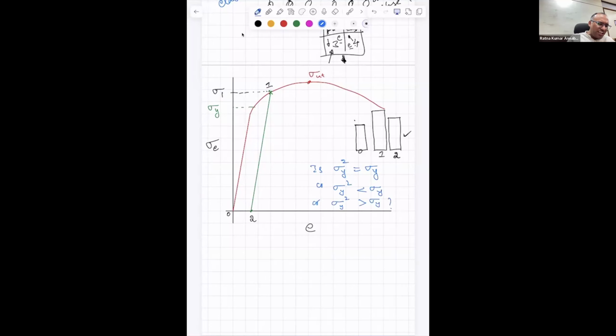So will it be initially elastic or not? Sorry, will it be initially a straight line or a non-linear line? Straight. Linear. So it should be like that. Where will it start becoming plastic? You said it is below that, right? Like that?